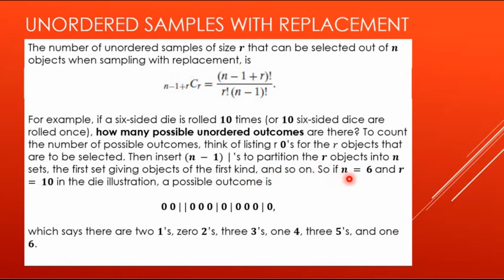So if n equals 6 and r equals 10, then a possible outcome of the die illustration would be, say, 2 ones, 0 twos, 3 threes, 1 four, 3 fives, and 1 six.